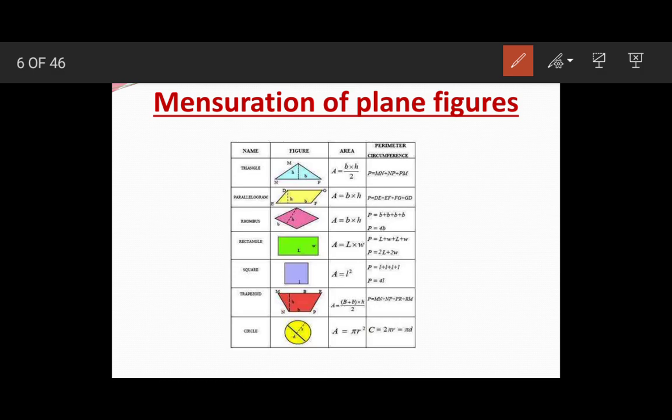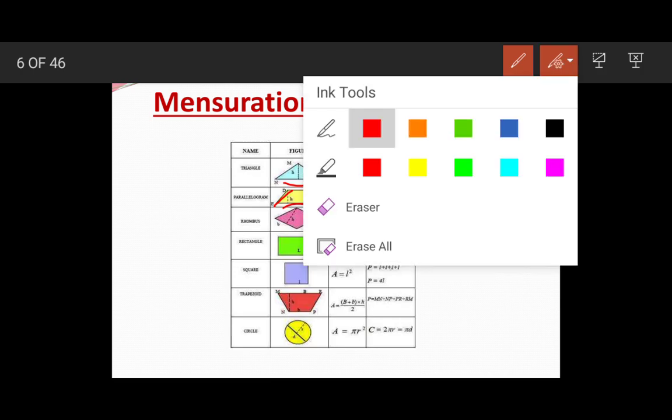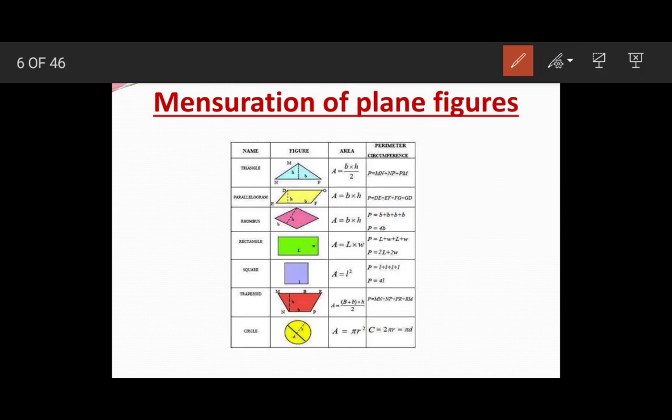Then the second one is parallelogram. Parallelogram area is base into height, and perimeter is the sum of all the sides, so DE plus EF plus FG plus GD. Then the third one is rhombus.